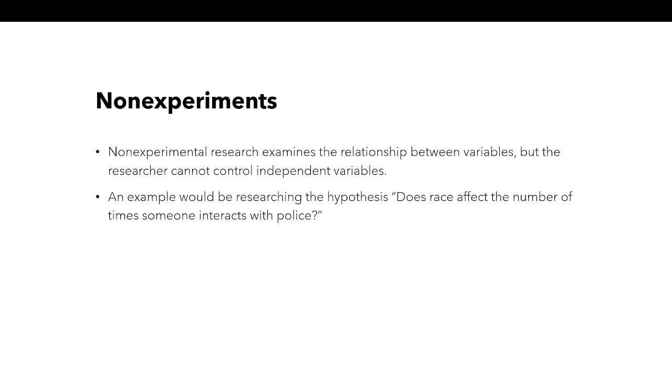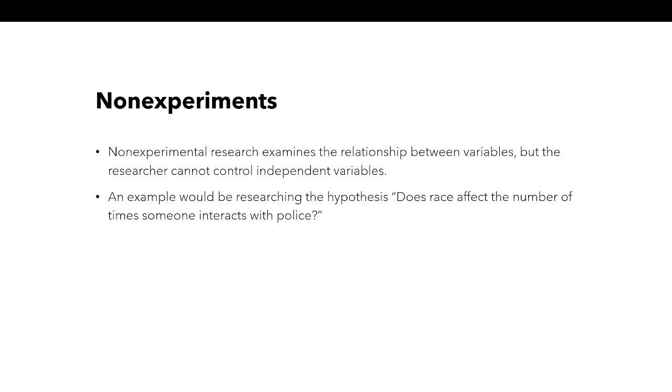An example would be researching the hypothesis, does race affect the number of times someone interacts with police? Now, as a sociologist, this is certainly a question that would come up in sociological research, talking about racial identity and interactions with police.